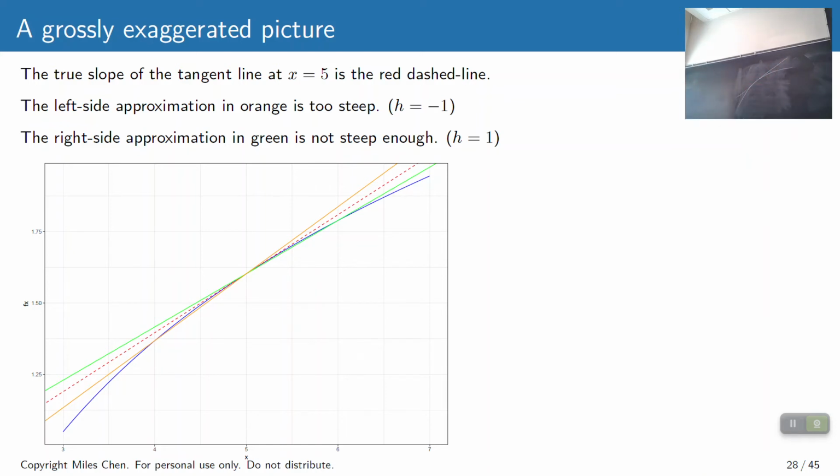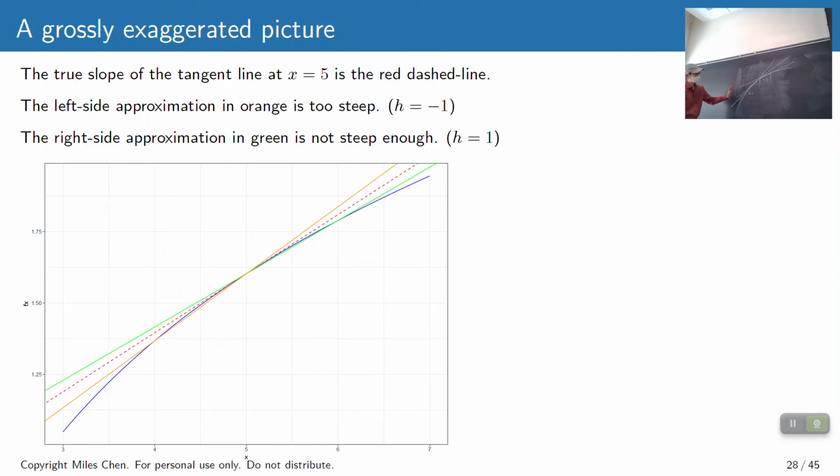This is x, and if I go plus h, I end up over here. This is highly exaggerated. So at x plus h, my slope is a little too shallow. And over here, if I do x minus h, down to over here, this is lower, and so my slope ends up being a tiny bit more positive.